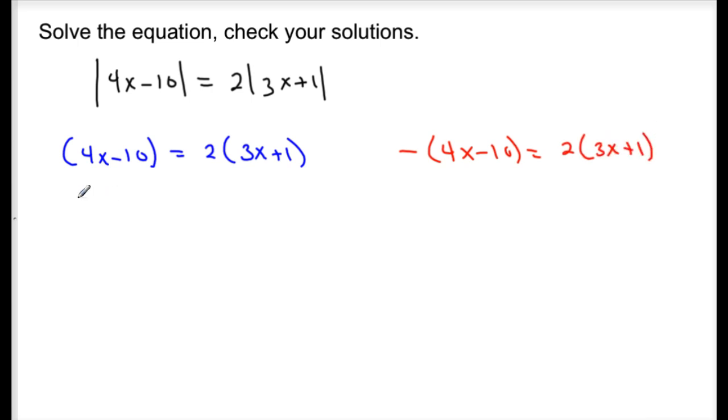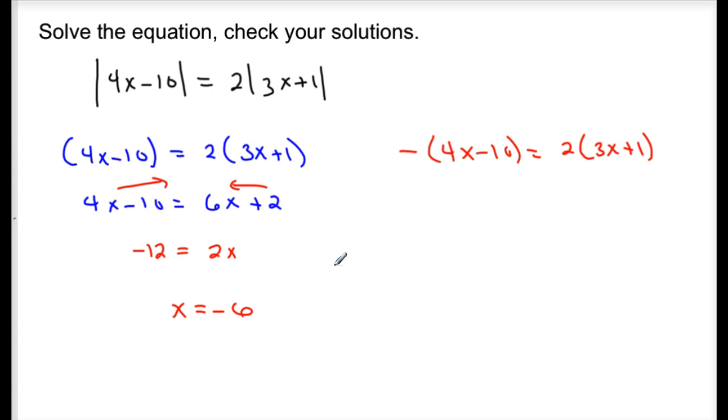Solving both equations here. So I got 4x minus 10 equals 3x plus 1. Solve here, bring my 3x over, bring my 10 over. I get x equals 11. Second equation, distribute the negative 1 to both.